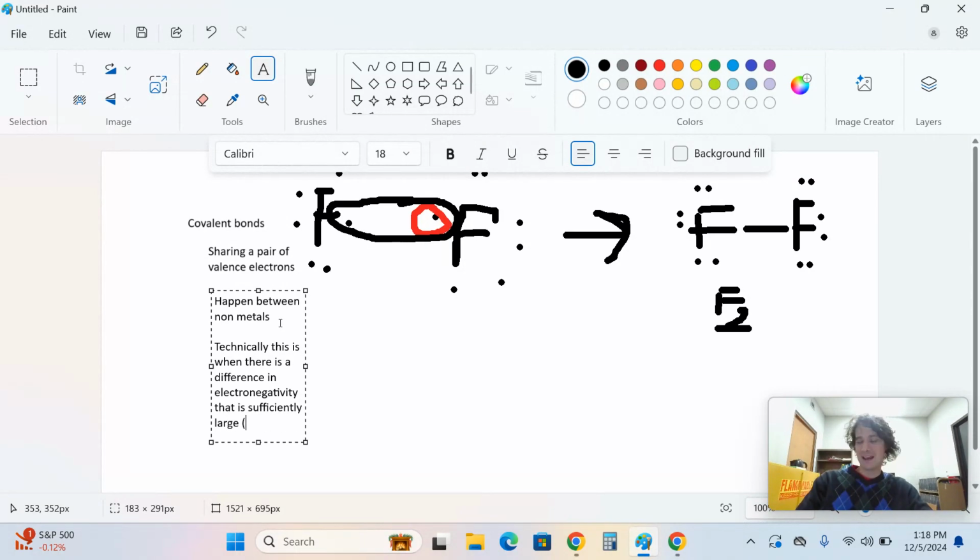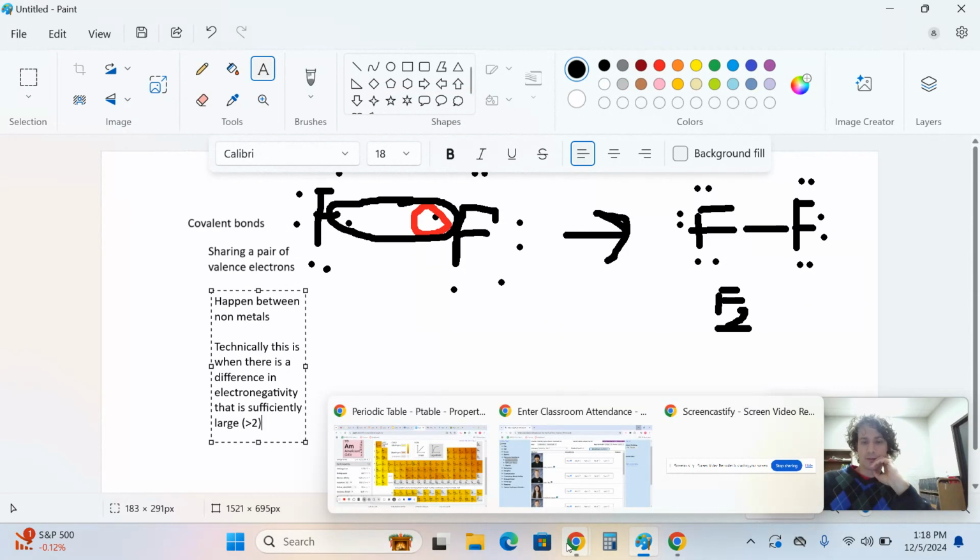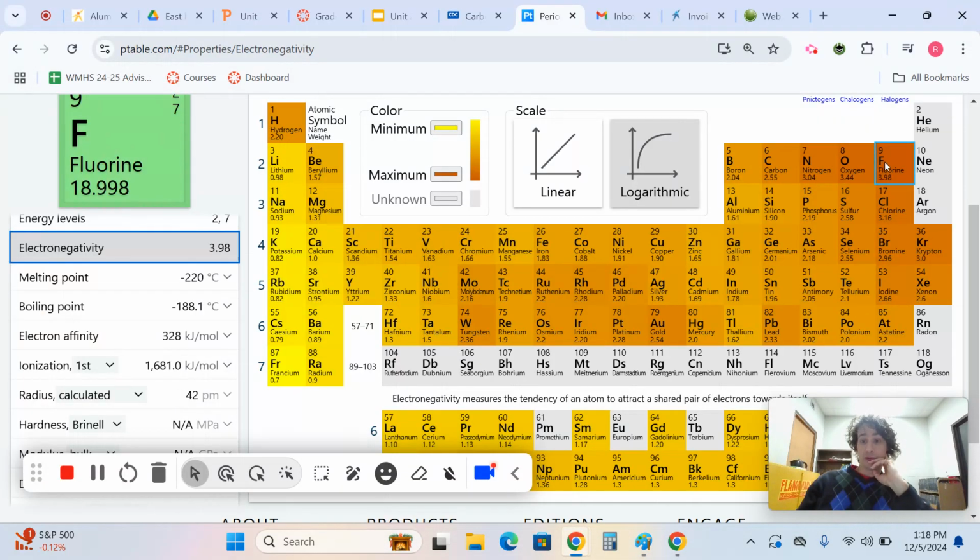If I remember correctly, and I don't hold people to this too much, it's when the difference is greater than about 2. What does that mean? If I took fluorine and oxygen and subtracted those numbers, 3.98 minus 3.44, you get 0.54. That's obviously not greater than 2, so that's a covalent bond.